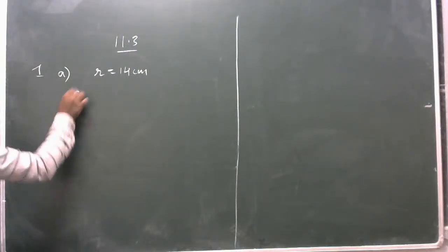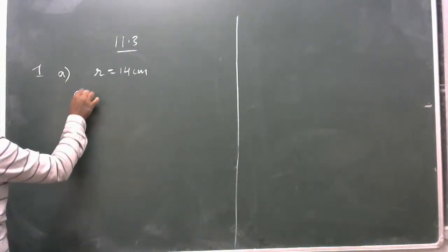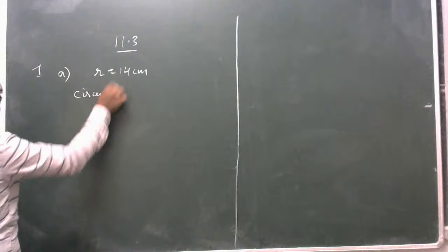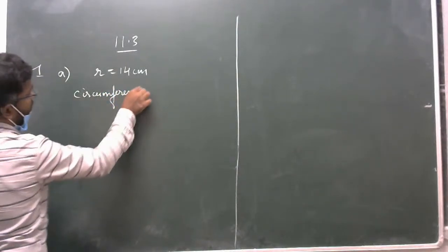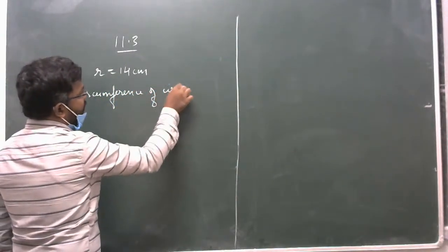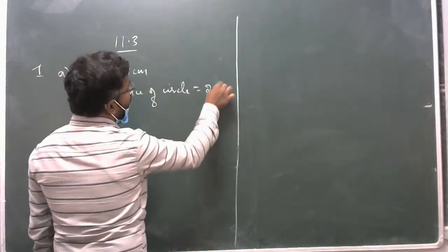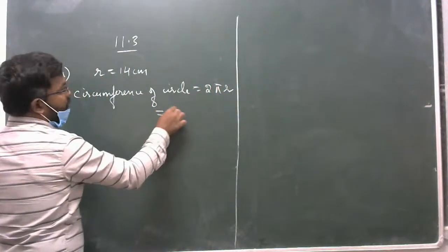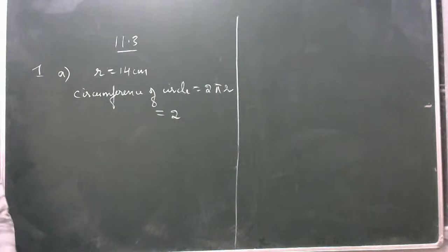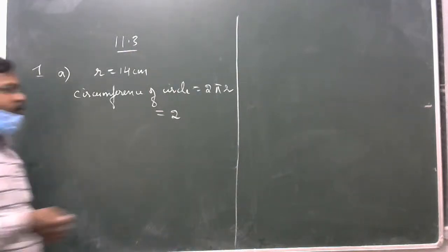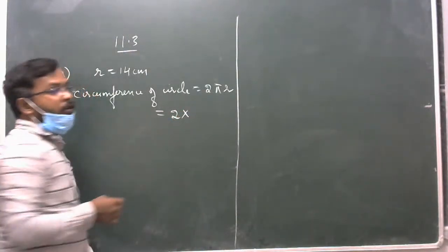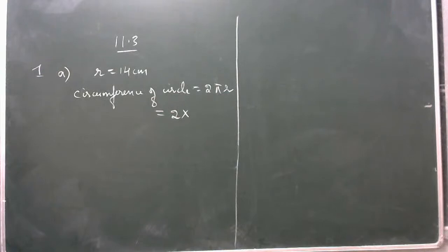So what is the formula for circumference of the circle? It will be 2 pi r. So 2 is the number, we'll write as it is. Next we have pi. So what is the value of pi? 22 by 7, in the textbook they are given.